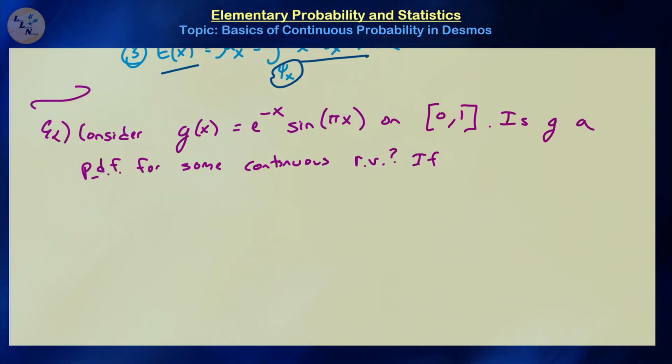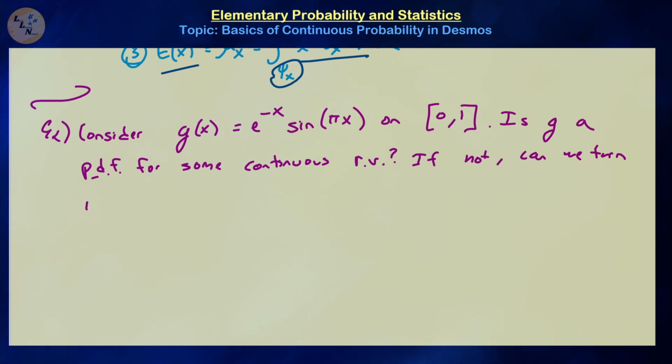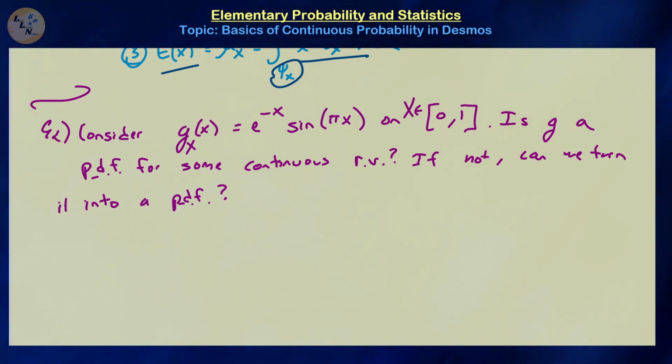And if not, can we turn this function into one? So is this function a probability density function for some continuous random variable, right? Let's call that random variable x, and let's assume that x can only take values between 0 and 1 inclusively.